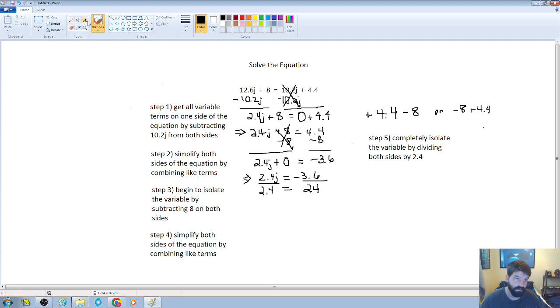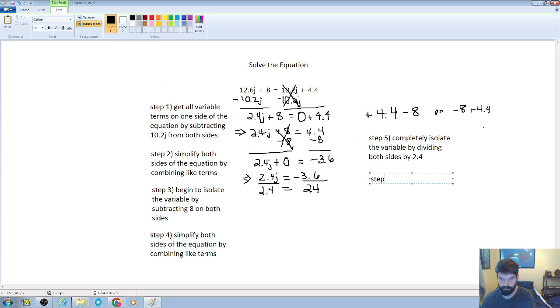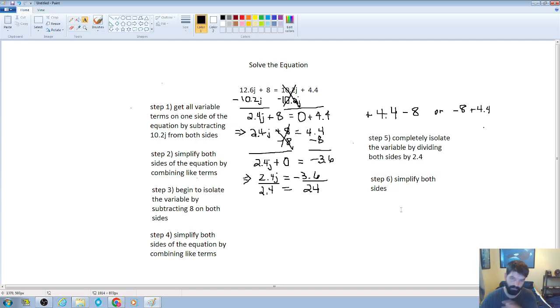Now, on the next step here, you're going to do that simplification step by simplifying both sides. So the way that we're going to do that is 2.4j divided by 2.4 is going to give us 1j, or j. Remember that anything multiplied by 1 is just itself. So we have accomplished our goal of getting j by itself.